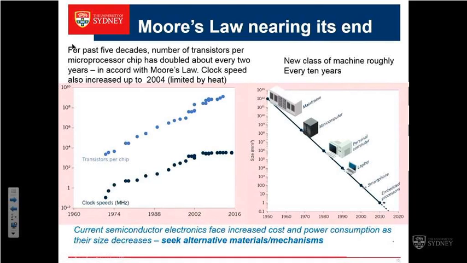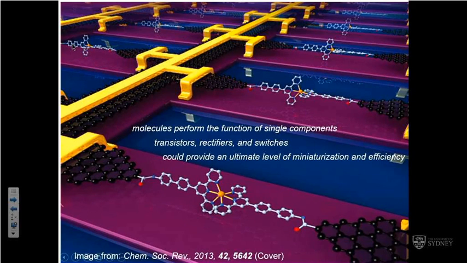Okay, so one area that people are looking at is so-called molecular electronics, or Moletronics as they call it. What you have here is you're creating some kind of device. Here you have the electrodes, some material, and this is the functioning device here, which I guess is some kind of molecule, okay?